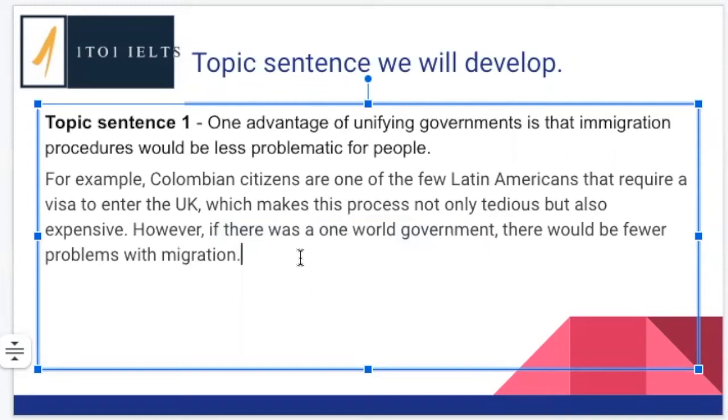You mean when we are giving an opinion statement? Sure. So what could we use instead of however? Yeah, we could maybe have despite this.